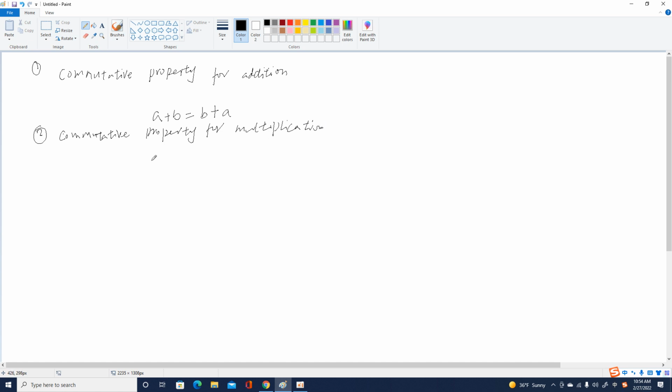For example, a multiplied by b equals b multiplied by a. So basically, when you do the multiplication of two numbers, you can also switch the two numbers' positions. For example, 5 multiplied by 4 also equals 4 multiplied by 5, because both of them equal 20.